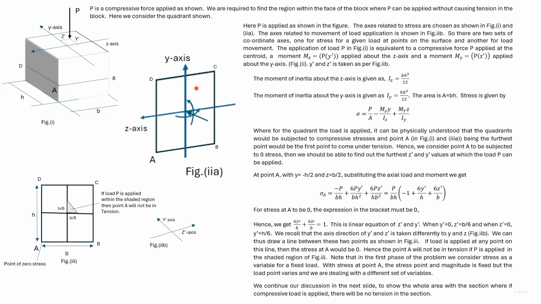Now consider the moment about the y-axis. Again, this quadrant will be under tensile stress, and the maximum tensile stress will be along this line. So the point A will have the maximum tensile stress due to both moments.